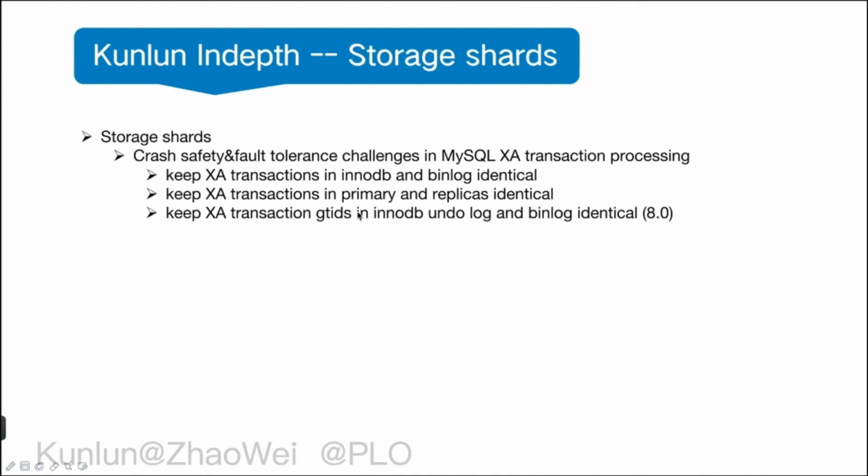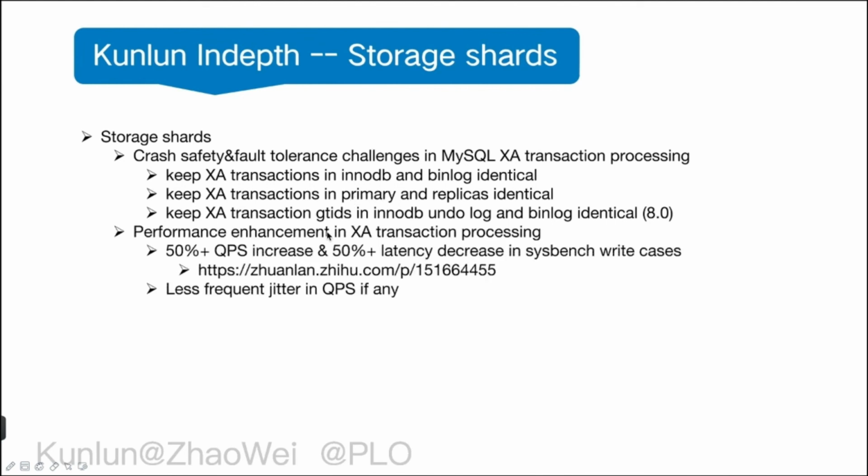However, a series of bugs in MySQL 8.0 cause these guarantees to fail when the MySQL server process crashes or exits abnormally, for example when a power outage happens. In Kunlun, we fixed these bugs so that whatever incidents happen to the MySQL server process, these guarantees always hold true.